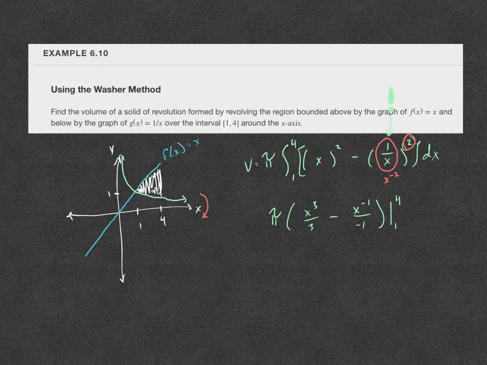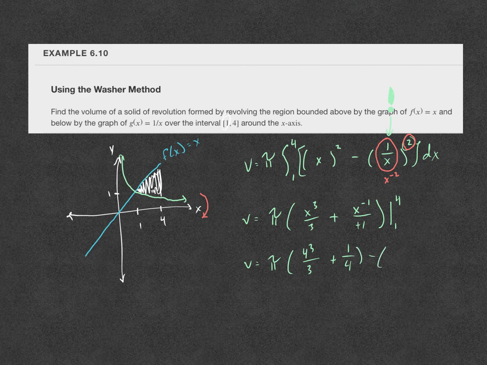If you need to go back in the video to hear that explanation again, go for it. All right, so I'll simplify the minus negative there, becomes addition, and then we substitute in our bounds. So we have pi times 4 cubed over 3 plus 1 over 4. So I dropped that x back into the denominator.